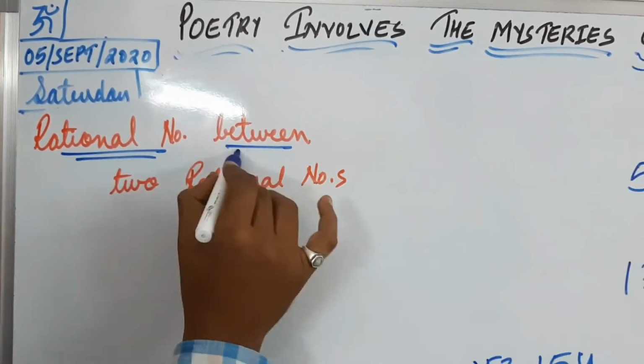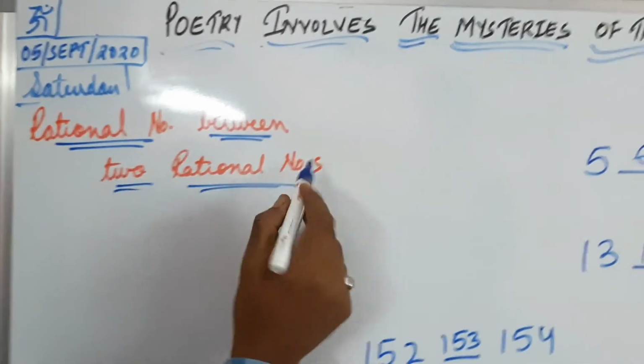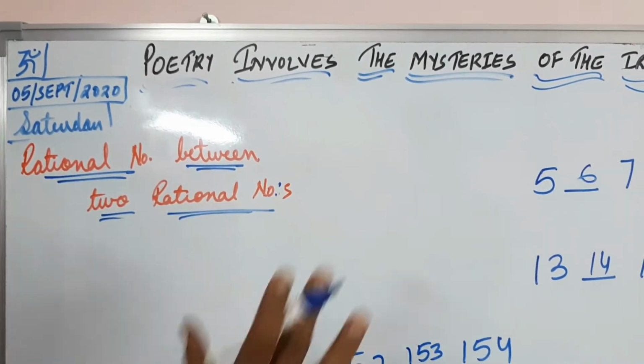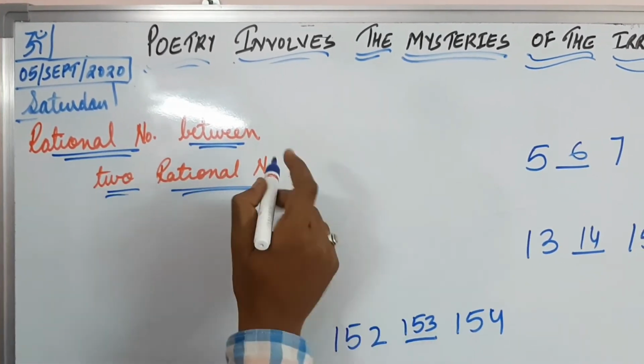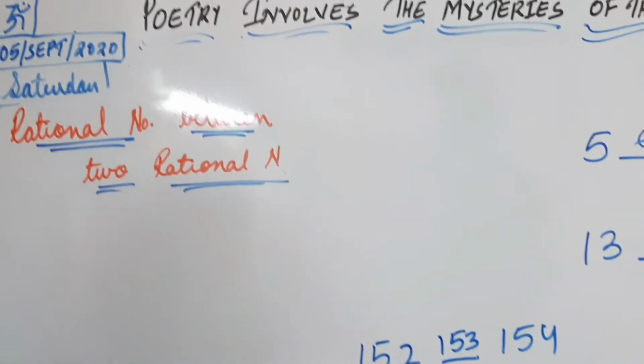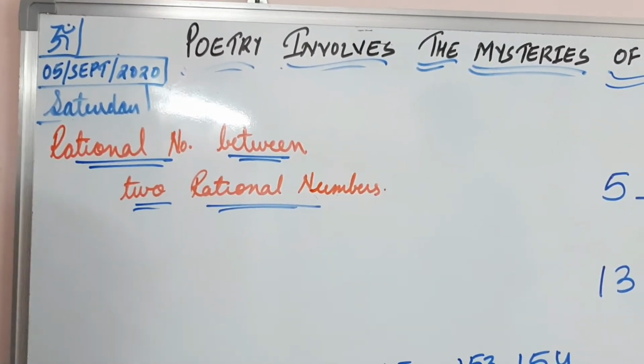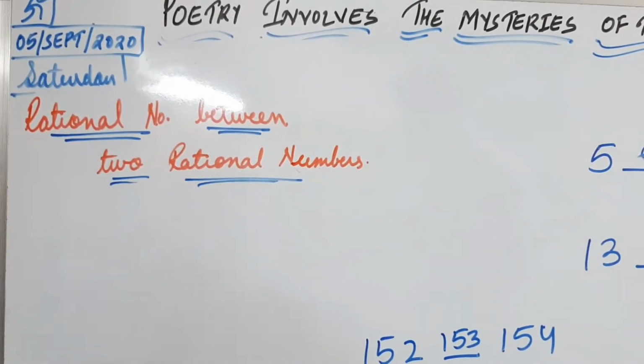So how do we find a rational number between any two rational numbers, students? We need to be clear, students. Now how?